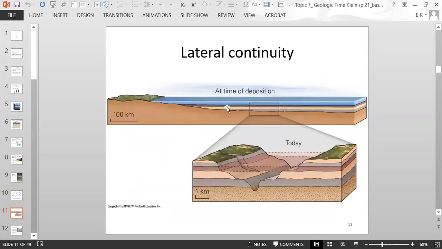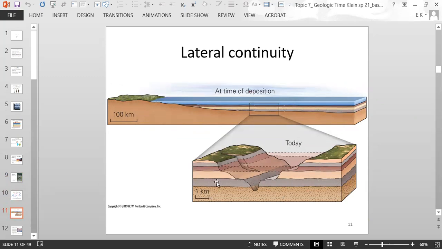Like this. Okay, so here is a sedimentary basin where sediment is accumulated. See, it's all just continuous layers. And then it turns into sedimentary rock. And then here later on, you may have had erosion. So this reddish purple layer here is the same age as this layer here.